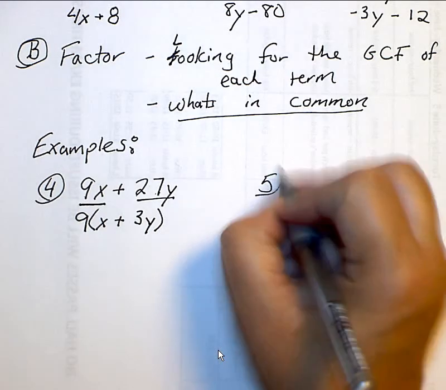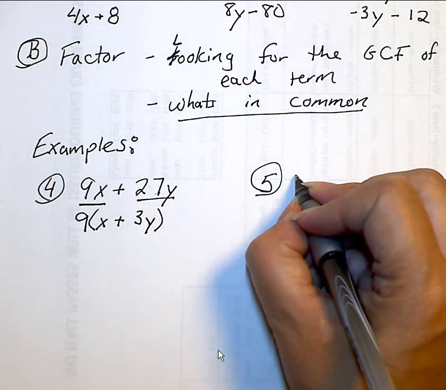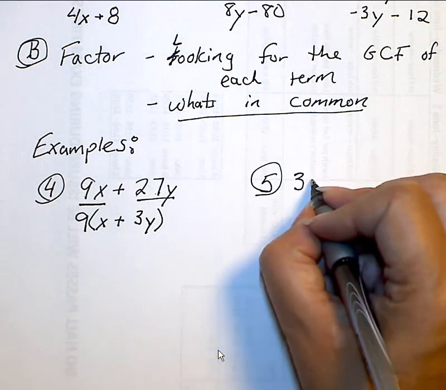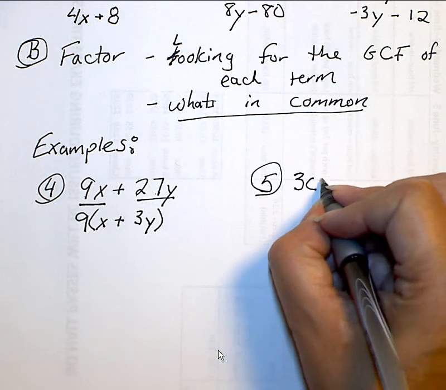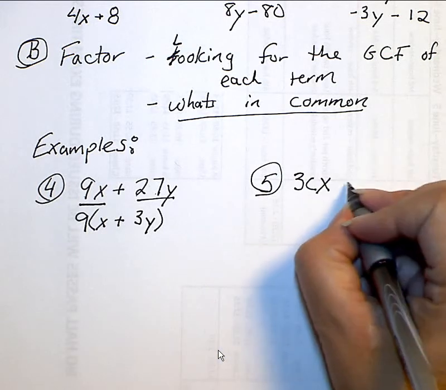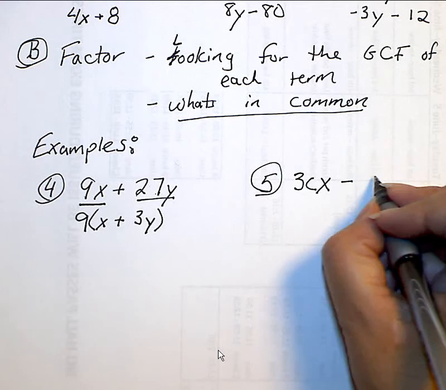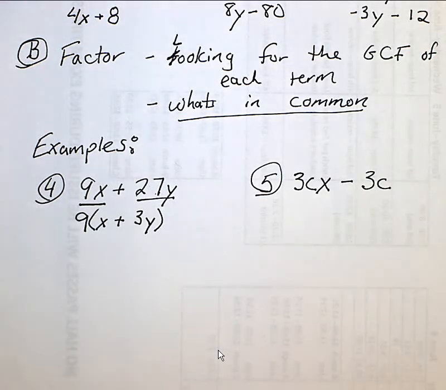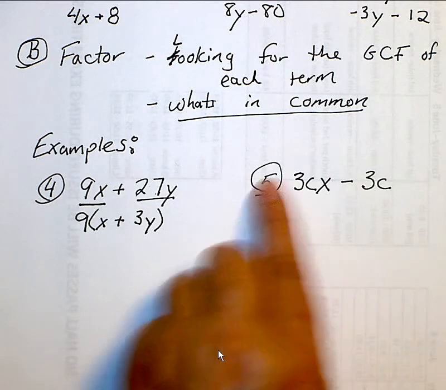If I had 3cx minus 3c. 3c is in common because they both have a 3 and they both have a c.